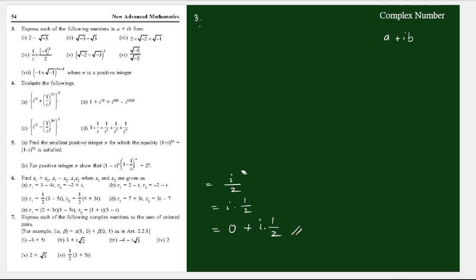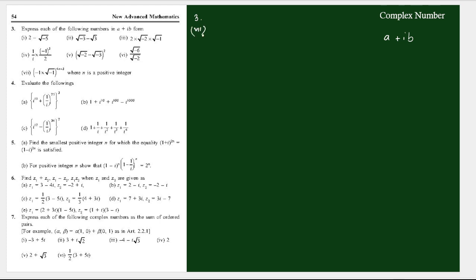Then in the middle you will get root 2 into root 3, and here you will get i square also, so you will get minus 1. I think here you will not get an imaginary number, you will get all real numbers.